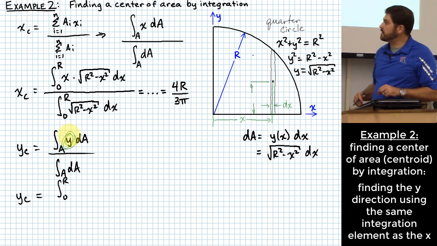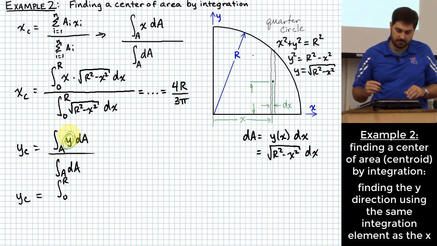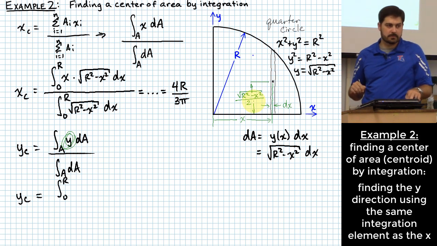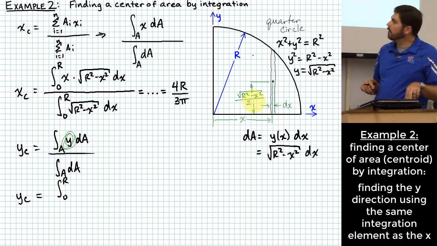It's what is the center of each of my little rectangles, and what is the height of that? It's going to be the square root of r squared minus x squared over 2. Because we want the center of each one of our little elements.